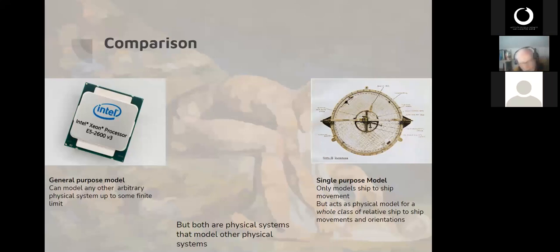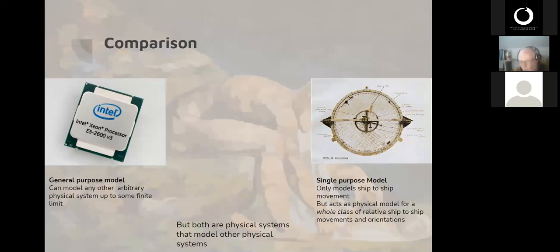Now, I'm giving this as an example because these calculations are too fast for a human being to carry out. You can't repeatedly take that kind of sighting and, by mental arithmetic or pencil and paper methods, come up with a solution. That was why they had to have a mechanical device to do it.